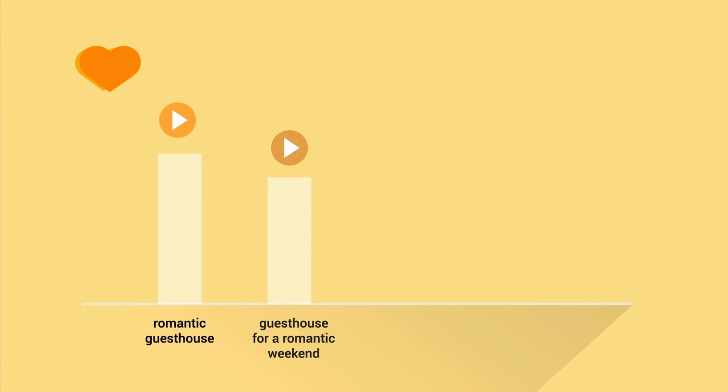But when people search for keywords like luxury romantic guest house or luxurious romantic guest house, the conversion rate drops to only 1%. You've just found something you can improve, and there are lots of ways you might choose to do it. First, you might look at the relevant pages on your website and see if there are changes you could make.